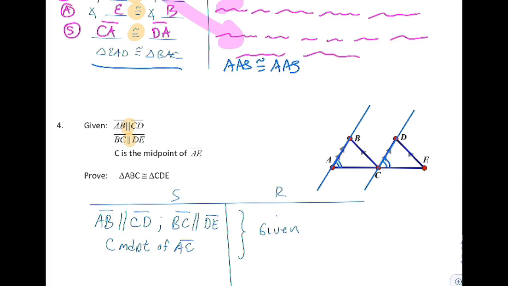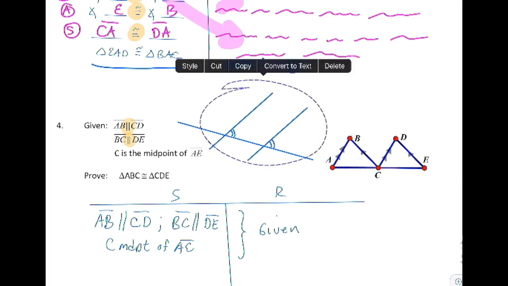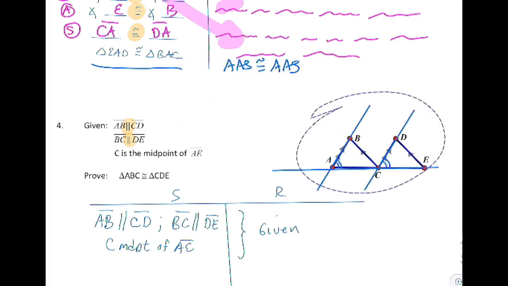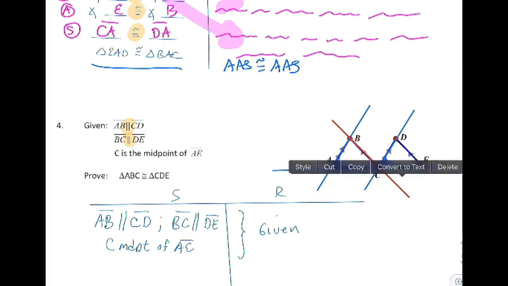So those, if you remember, I'm going to take this off the picture and see if you recognize it. That would actually be corresponding angles. So angle A and angle DCE are corresponding angles, but they're going to be congruent. And then if BC and DE are parallel, then I have another pair with the same transversal.